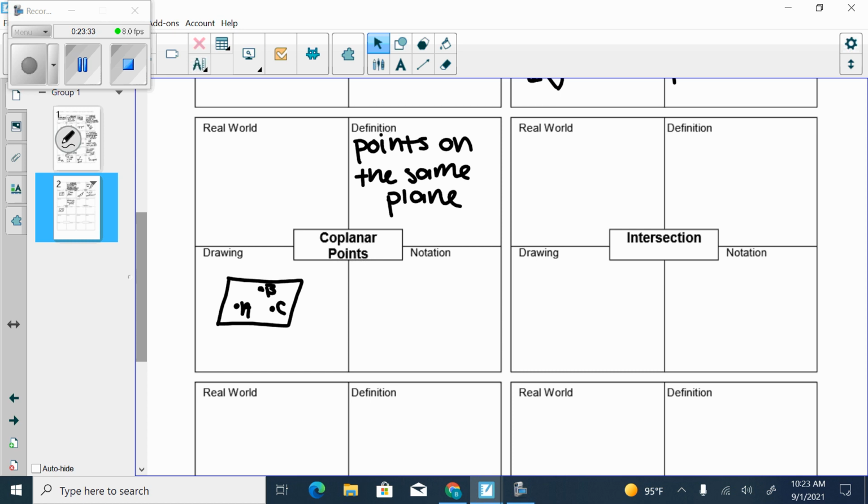Or, like before, they might name it like plane M or N or L, something like that, and they'll make it different in some way. So if this was plane M, it'll probably be up in that top corner. If I asked you what are some coplanar points given in this picture, you would do it like you did here. Point A, point B, and point C, or points A, B, and C.